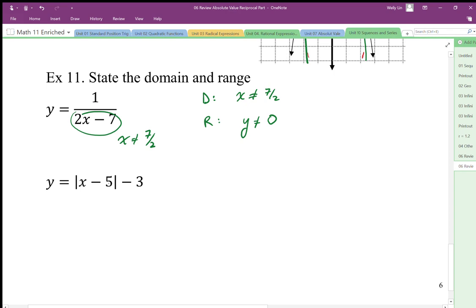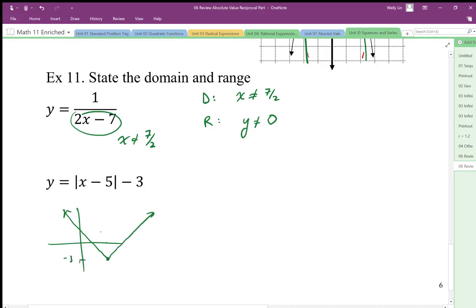For the domain and range of absolute value, we have to think of what are the possible inputs and outputs. Well, for the input, we can put anything in for x. It's the output that's going to be restricted, and we can think of this in terms of the graph of this function. So if I sketch the graph of this function, at x is 5, y is -3, it's a V function facing up.